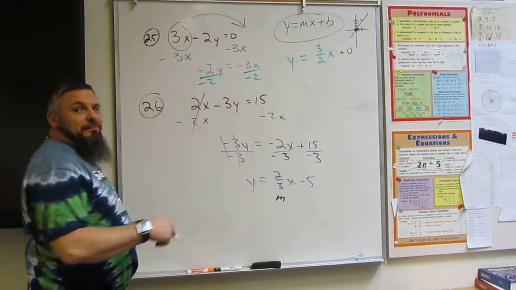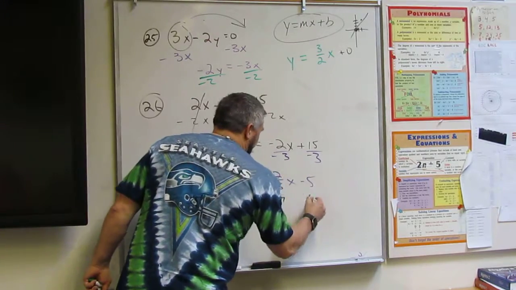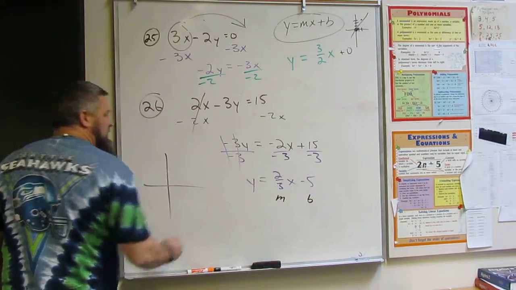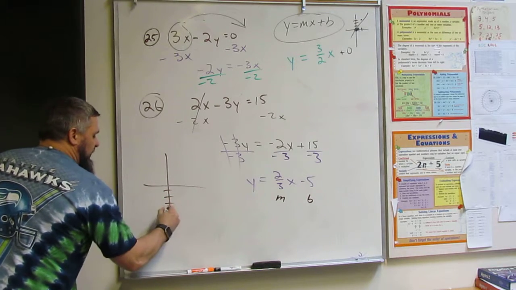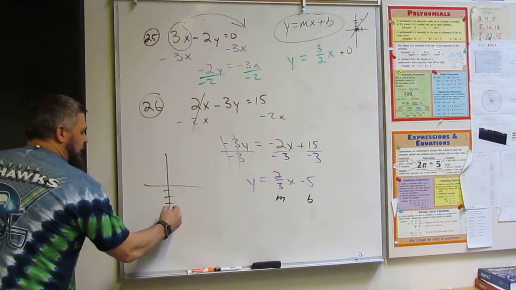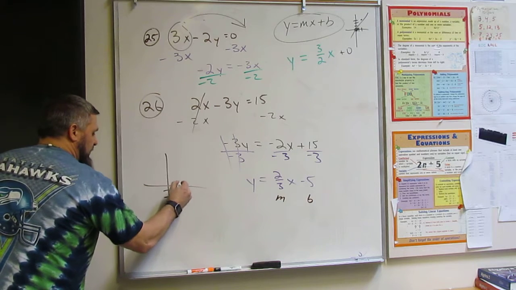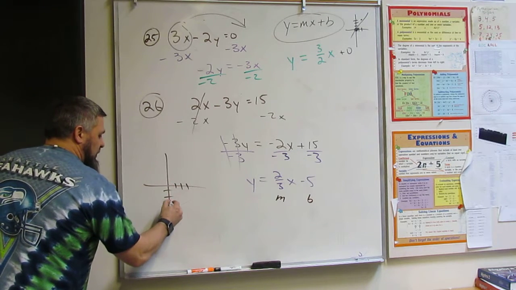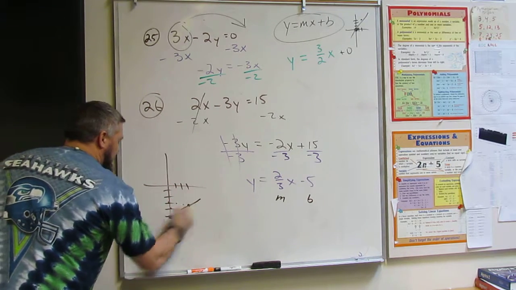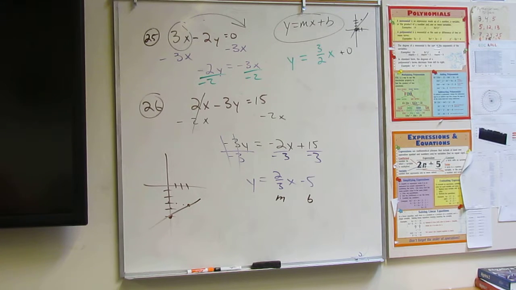What's b? Negative 5. So could I graph it? Maybe. 1, 2, 3, 4, 5. Up 2 over 3. You don't have to graph it. I'm just graphing it to show you how easy it is. You want to be able to graph it like this every single time. Okay?